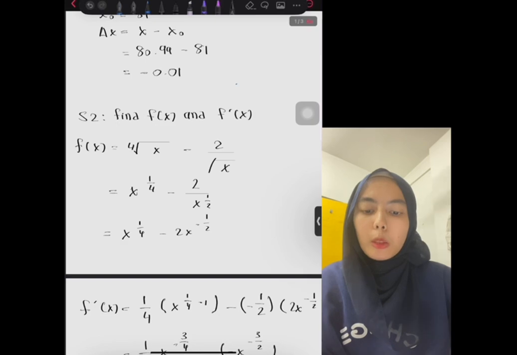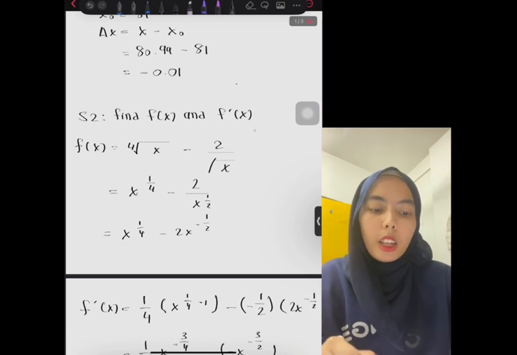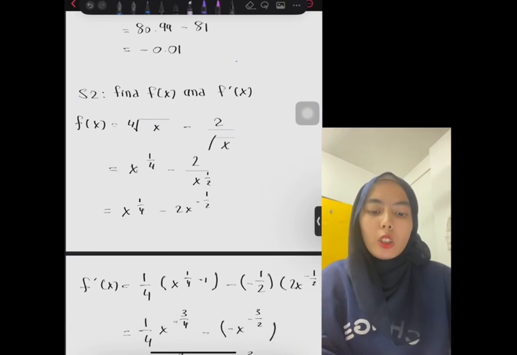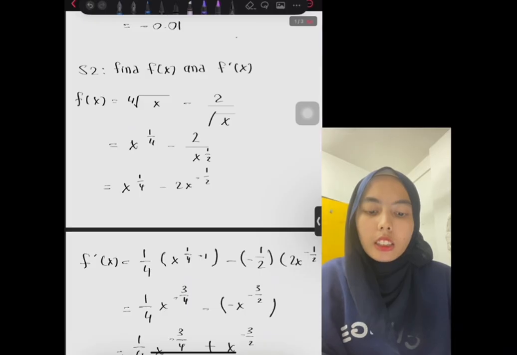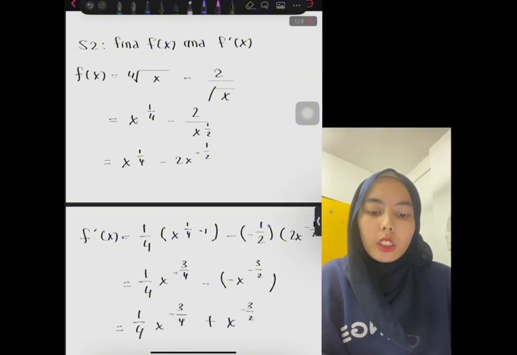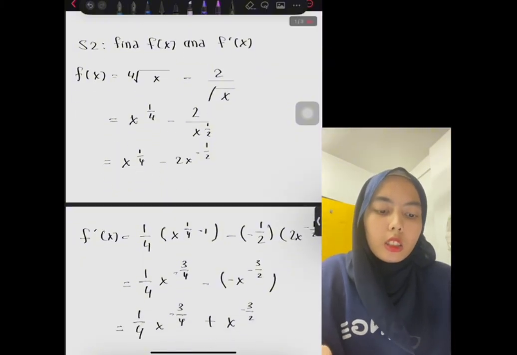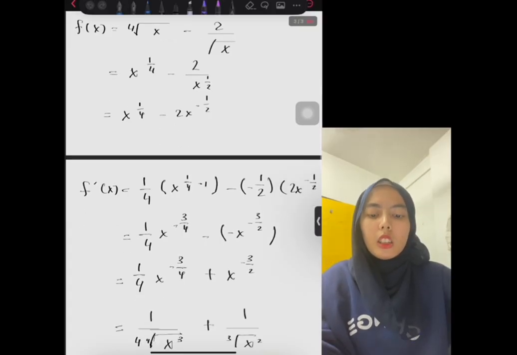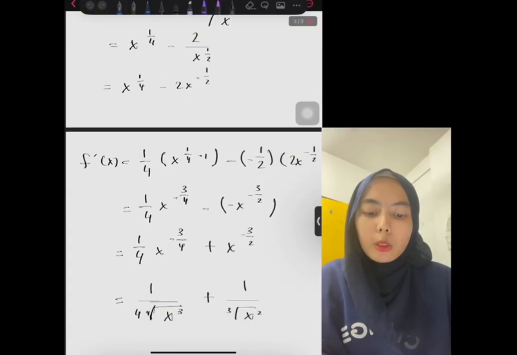And then next for step 2, we will find the f x and f prime x. Apply x in the square root, and then x to the power of 1 over 4 minus 2 over x to the power of half. And then we just write down this, and we got 2x to the power of negative 1 over 2. And then f prime x, which is differentiating f x.